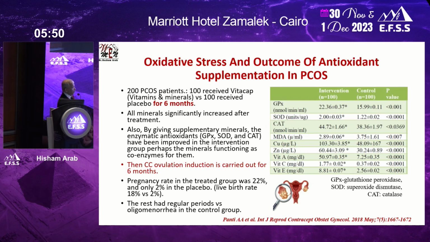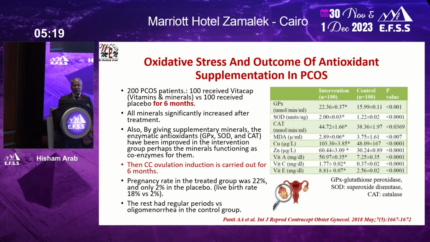These are what we call the glutathione peroxidase, the superoxide dismutase, and the catalase. These are our endogenous antioxidants. They found that even those, with just giving those minerals, have also increased, with a significant change over the 6 months. So just by giving those minerals and vitamins, we have increased the number of these endogenous antioxidants and the minerals.